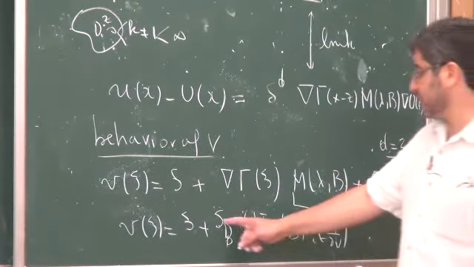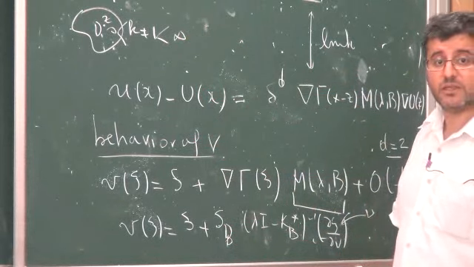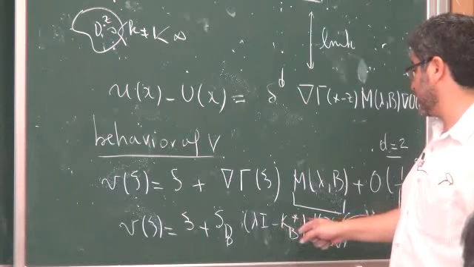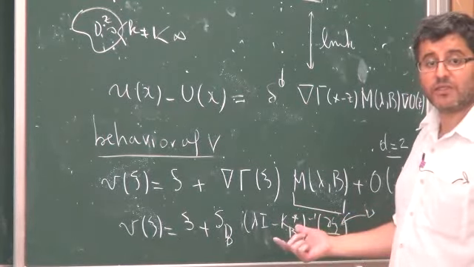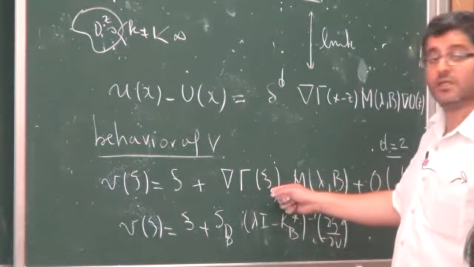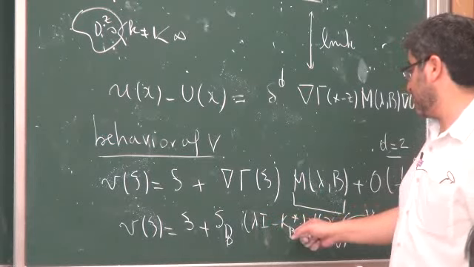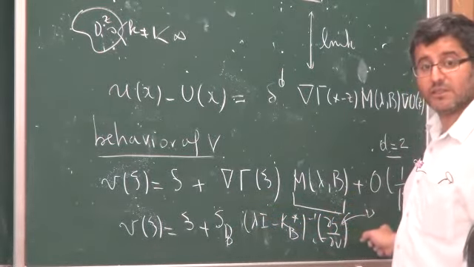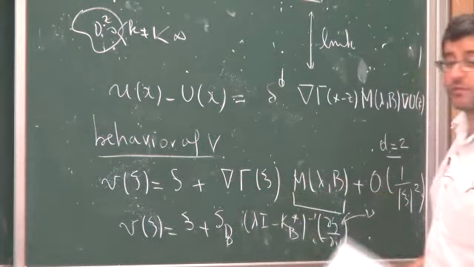Then you expand the single layer potential as I did over there. You get the sum on gamma, lambda minus k B star of nu, but this is 0. The second term is the gradient of gamma times the integral of lambda minus k B star of nu times xi d sigma of xi. And this is the polarization term. So the behavior of V gives you the polarization terms.